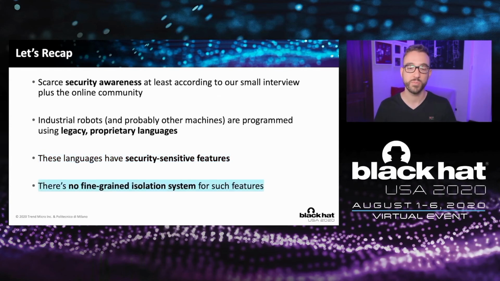And last, very important, we found out that there is almost no security isolation. There's no resource isolation that is fine-grained enough to avoid, for example, that if a program contains a security-sensitive operation, the operating system may or may not be able to block the execution, or at least ask for confirmation upfront to the operator. There's no such features that we have found.